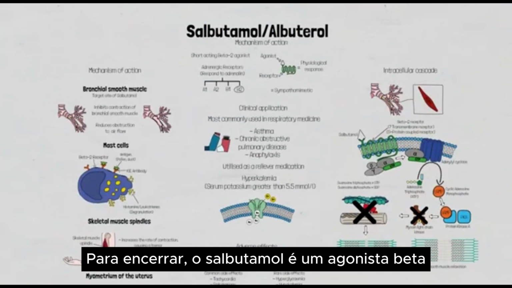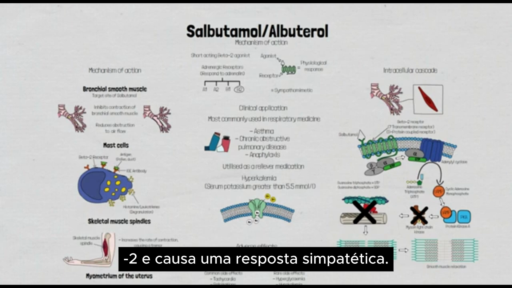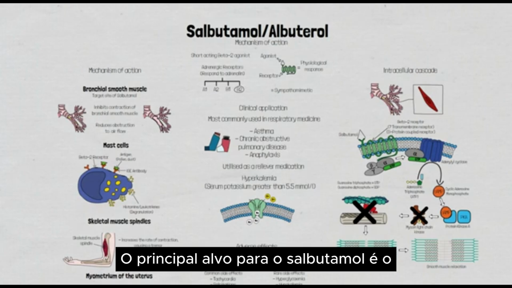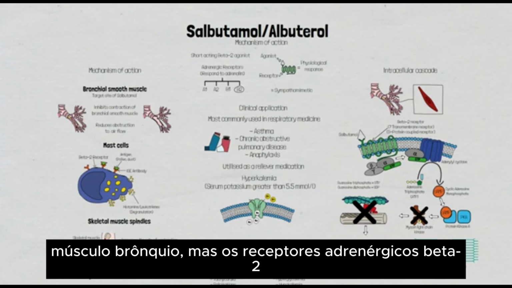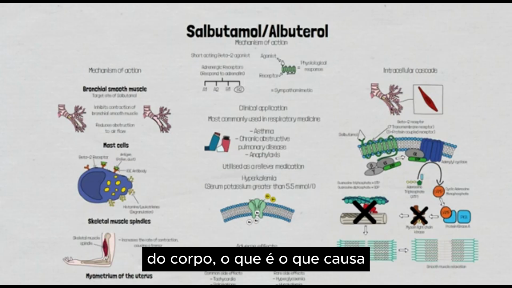To recap, salbutamol is a short-acting beta-2 agonist which binds to beta-2 adrenergic receptors and causes a sympathetic response. The main target for salbutamol is the bronchial smooth muscle, but beta-2 adrenergic receptors are also located on other cells and tissues throughout the body, which is what causes some of the adverse effects.